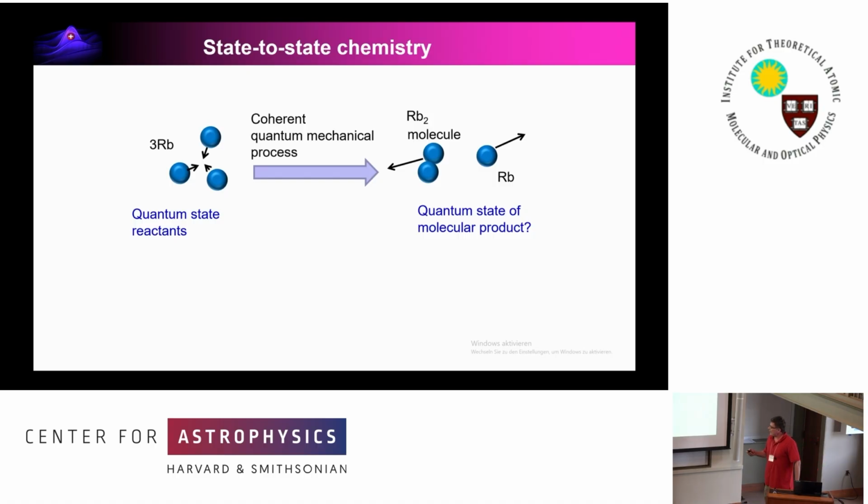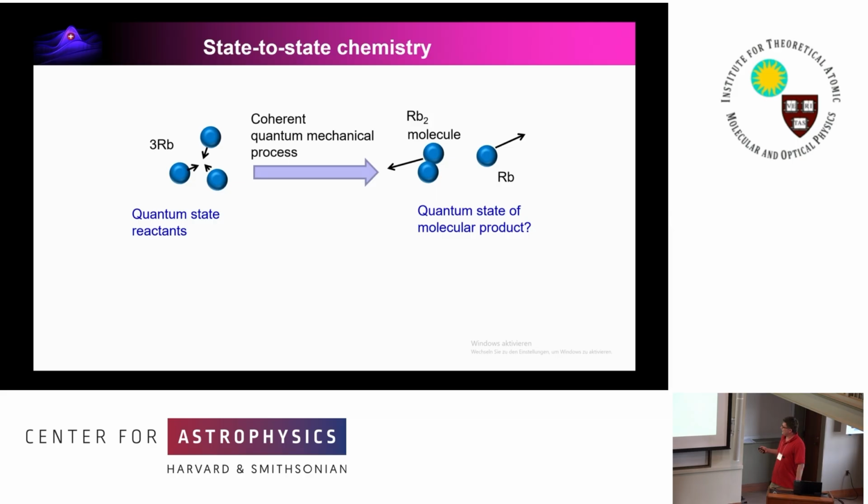We have these three rubidium atoms in our case, and we can prepare their internal quantum states. They collide at ultracold temperatures, so they collide in an S wave. And then, of course, three-body recombination takes place. This is a coherent quantum mechanical process, and it produces a molecule and an atom that takes away some of the binding energy.